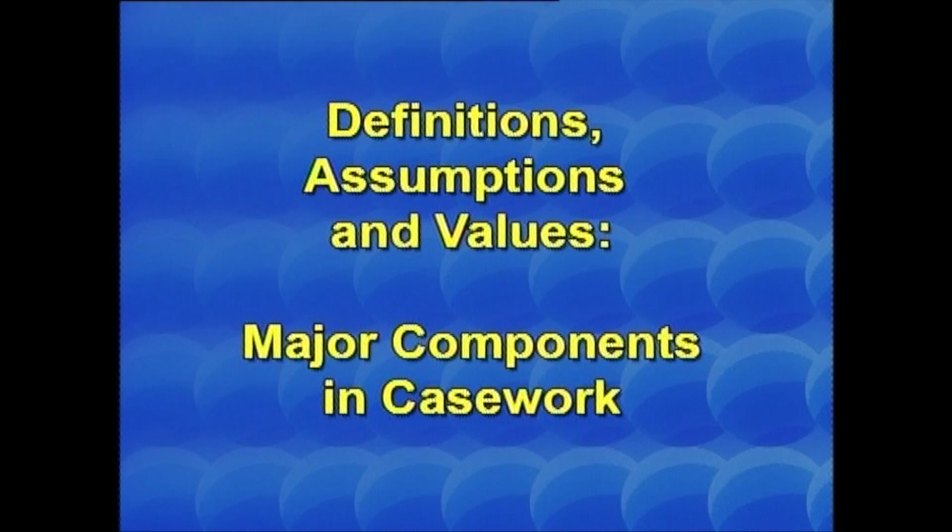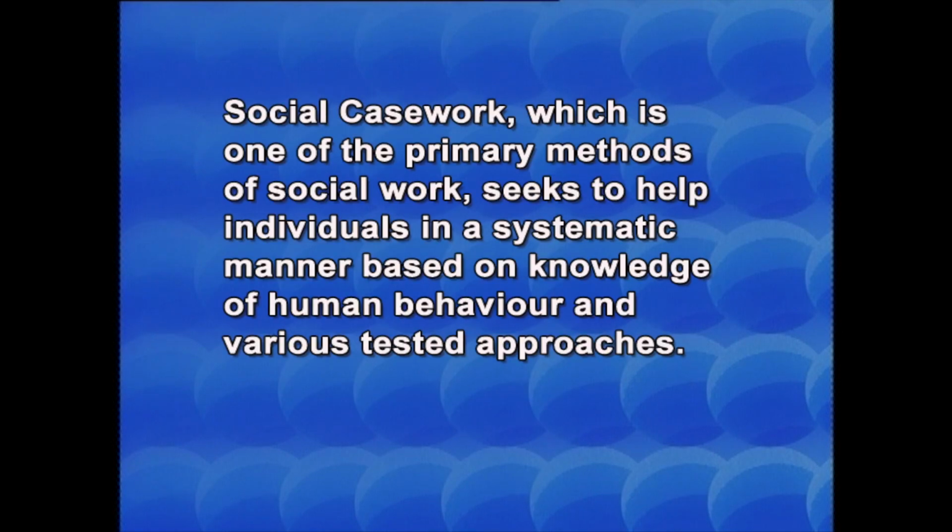We'll begin with the introduction. Social casework, as we all have seen, is one of the primary methods of social work. It tries to help individuals in a systematic manner based on knowledge of human behavior and various tested approaches.